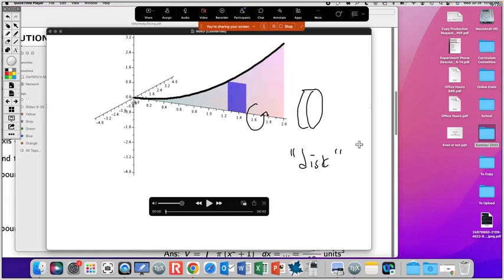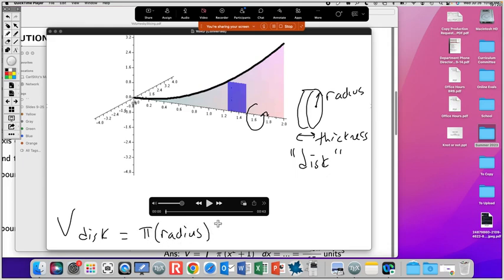So if I think about what the volume of this is, I call that the radius. I'll call that the thickness. The volume of a disk is going to be the area of the base, which is pi times the radius squared, because it's a circle, times your thickness. Now, depending on what axis we're spinning it around, the thickness is either going to be your delta x or your delta y.